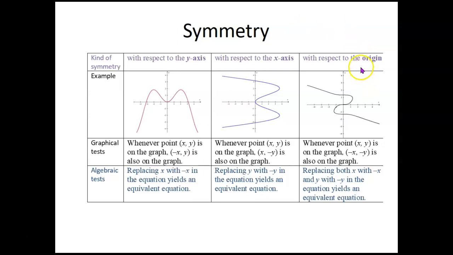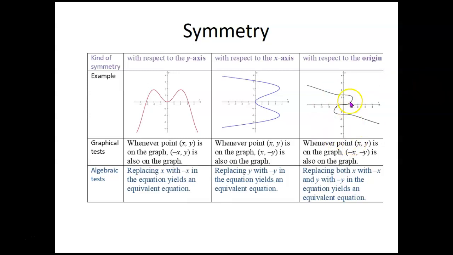And there's also what's called symmetry with respect to the origin. This time the origin, the point (0, 0), is right in the middle of the graph. If you start there and go off one way, like into quadrant 1, and then you go the other way down into quadrant 3, you get the same thing happening, just the opposite. So if it's symmetric with respect to the origin, you could take the whole thing and rotate it through 180 degrees, and it would match up with what you started with.